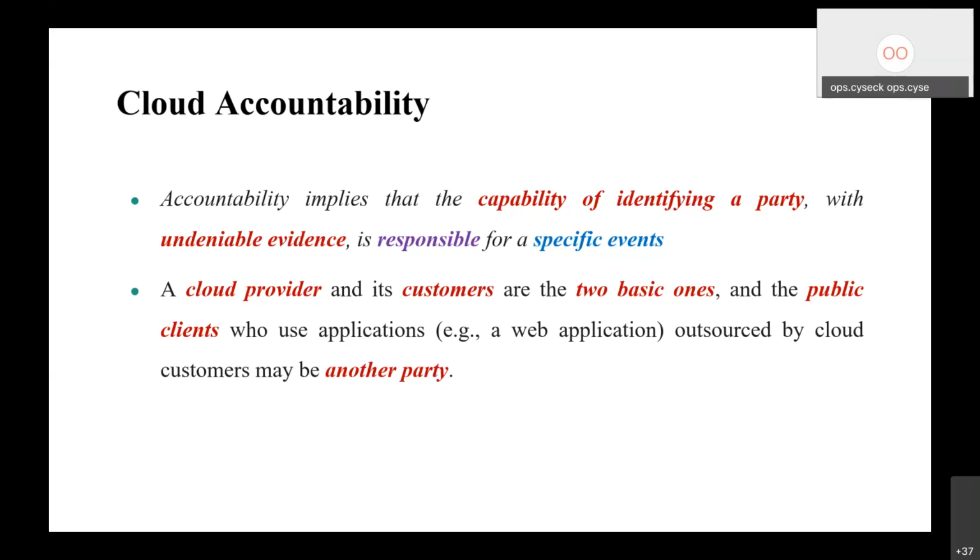So, guys, accountability implies the capability of identifying a party, with undeniable evidence, as responsible for specific events.